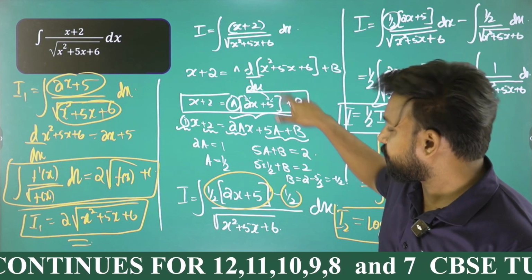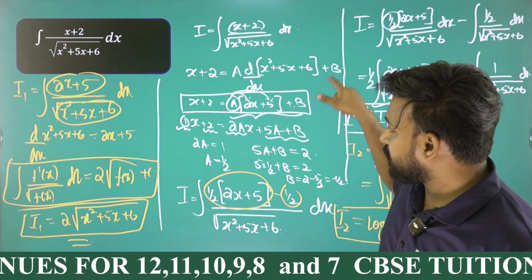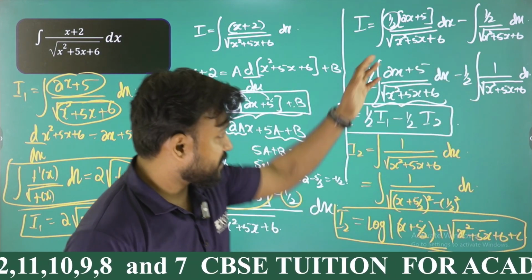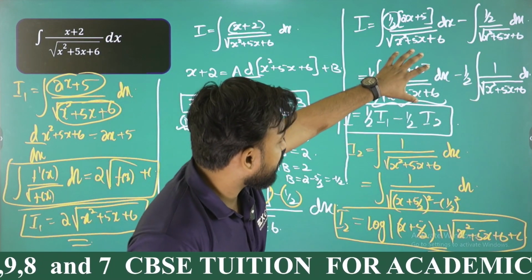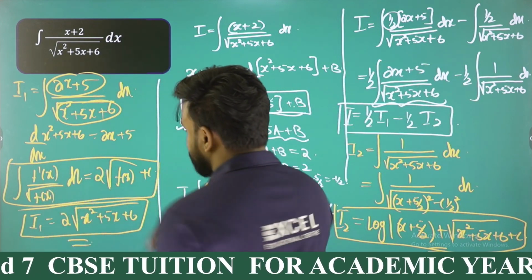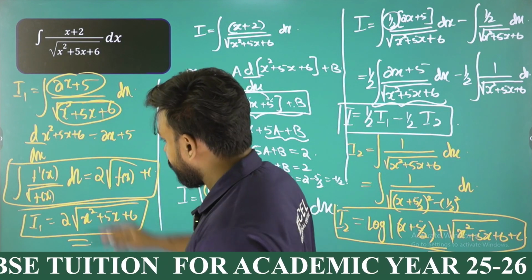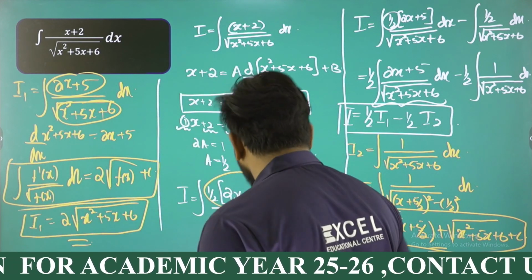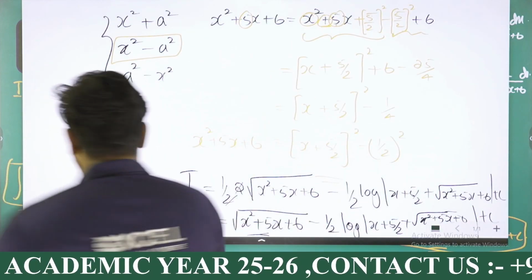So we took the first degree polynomial here and we applied that in this format: a into derivative of the polynomial at the denominator plus b, found a and b, substituted, split the denominator, then here always you will get an equation like this. Sometimes if you don't have root here, this will be integral of f dash of x by f of x, and I'll give you that result also here.